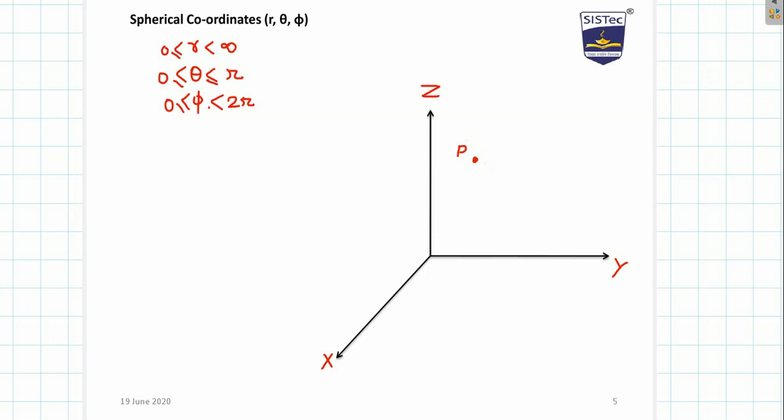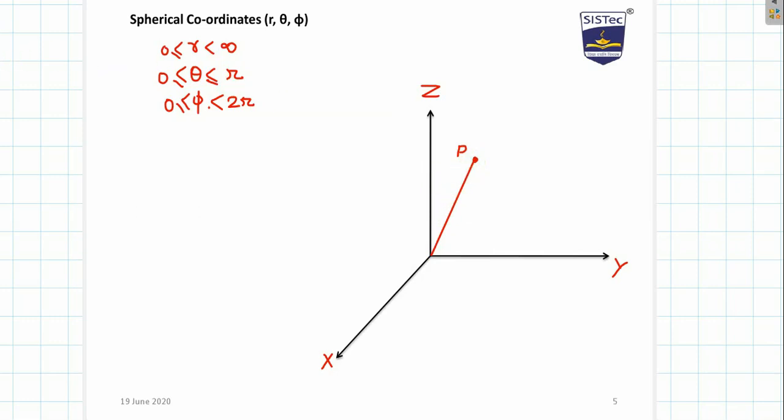Now the vector joining this point with the origin, this here is your origin O, is the r vector.